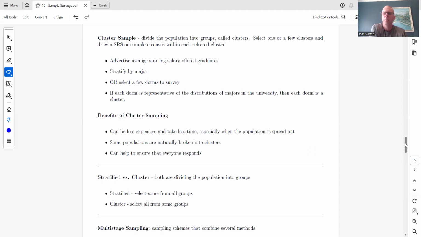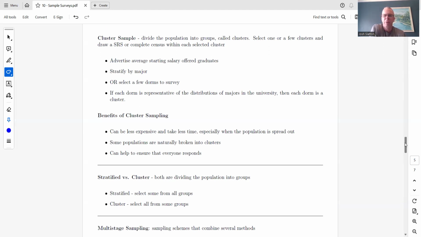That'd probably not be a good way to do a cluster sample, because if you cluster by major, then you would select a major, say accounting, chemistry, or art history. Then you would ask all the art history majors, or whatever major you've selected, and try to get the average salary.